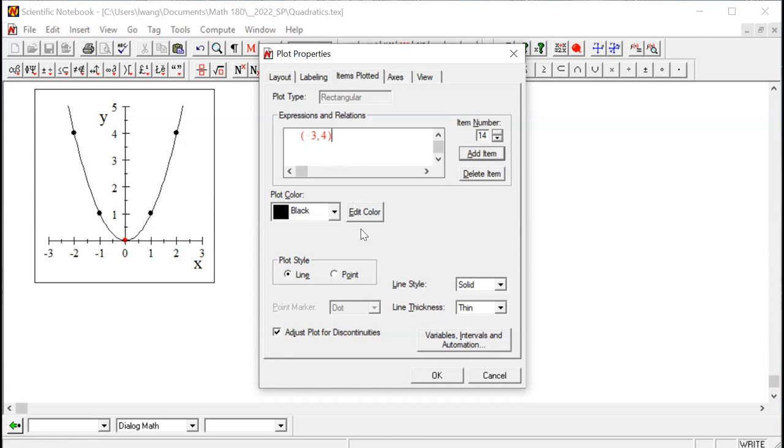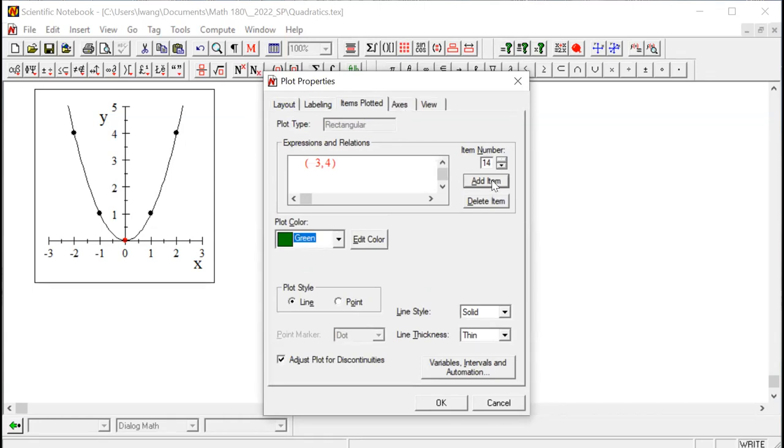Okay, so I'm adding -3, 4, right? So what color do I want to choose? Green, right? And what is the next point? That's going to be -2, 1, right? And -1, 0. Well, you probably can go back to look at that.